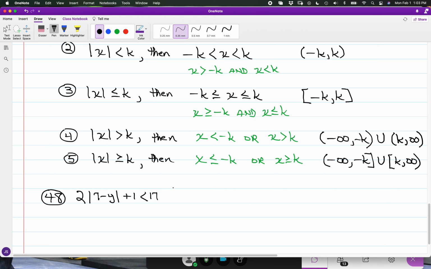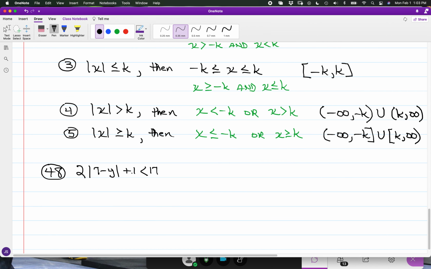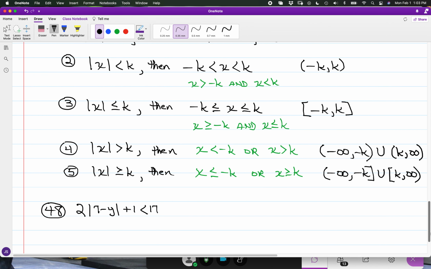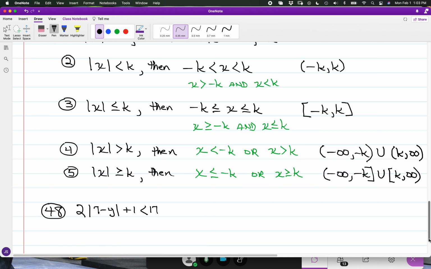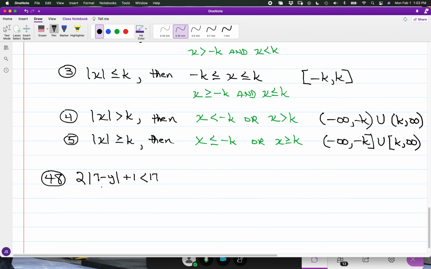Okay, so have that 17 reappear. And I want to format this along the lines of any one of these 4 inequality scenarios where I had the absolute value term isolated on one side and the constants on the other. So we have a little bit of work to do around here.